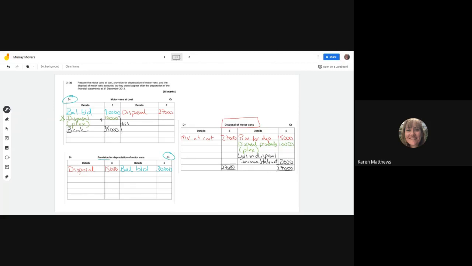So the next thing we need to do then is work out this year's depreciation. So what we need to do is work out the new net book value. So whatever we've got left in the cost account, which is 90 plus 45, 135 minus 27. So I reckon that's 108,000 left in the cost account, and we can balance that up.